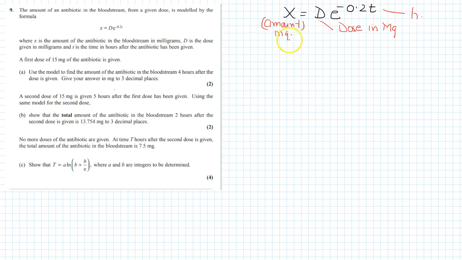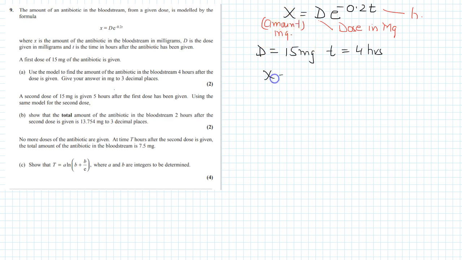So what it says is, if D is equal to 15 and you have to check it after 4 hours, the amount of antibiotic in blood.